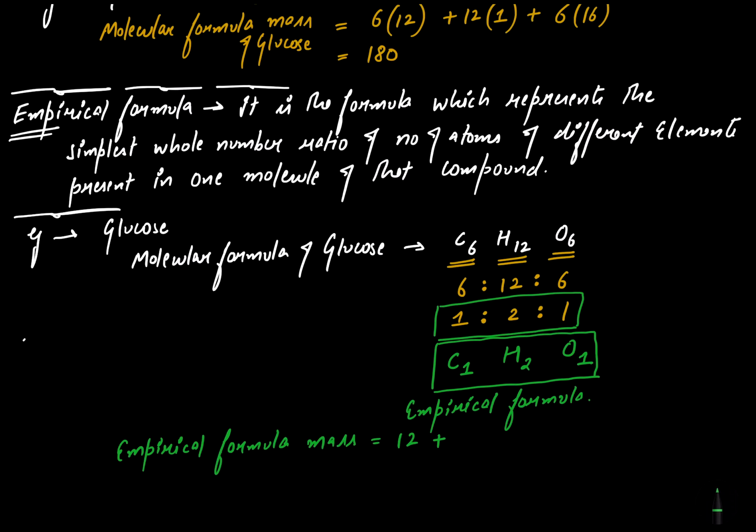How many atoms of hydrogen are there? It's 2, and the mass of one hydrogen atom is 1. And oxygen is 1, and its mass is 16. It comes out to be 30. The empirical formula mass comes out to be 30.